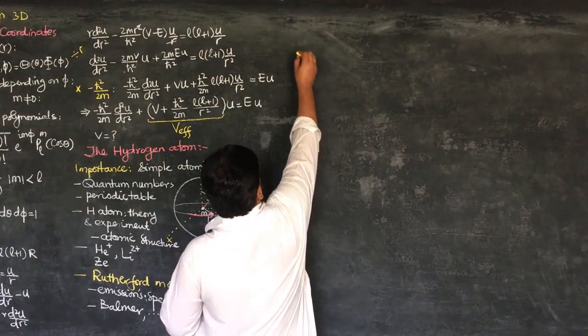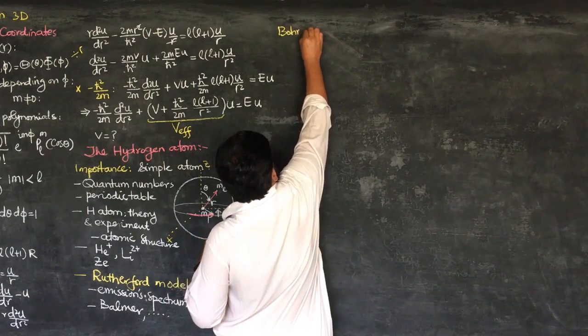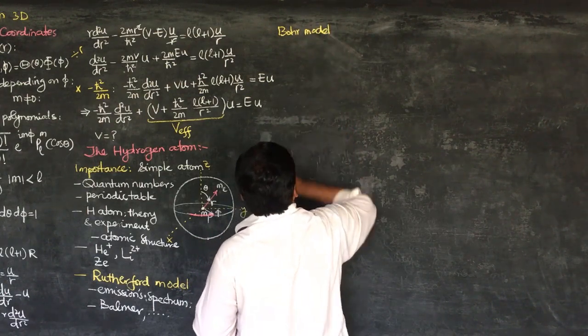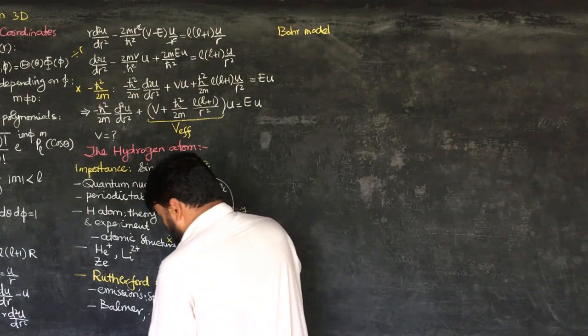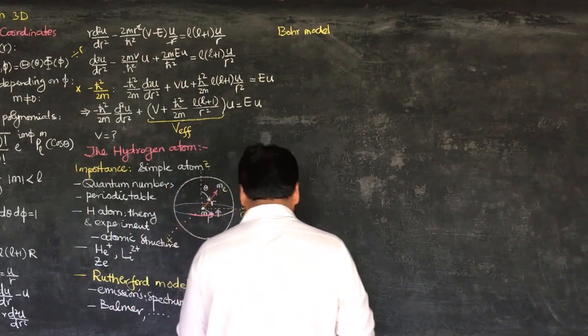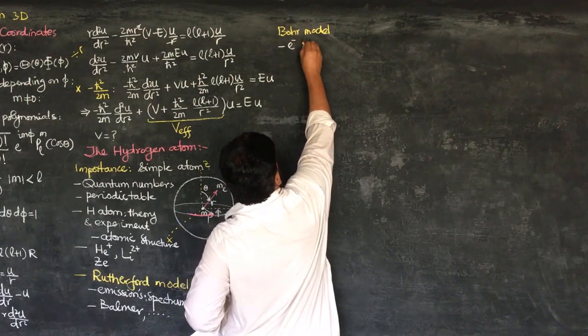The very first one, so let me say that the Bohr model of the hydrogen atom.